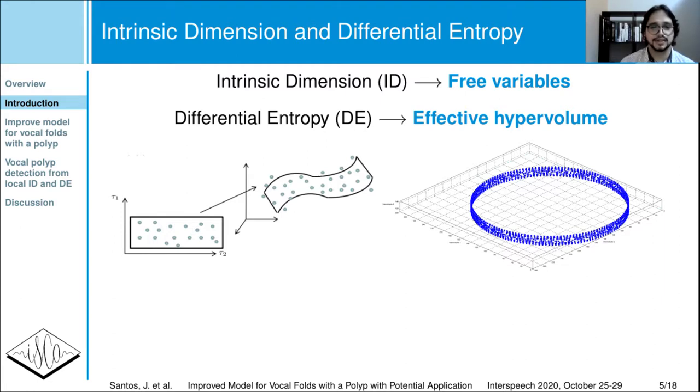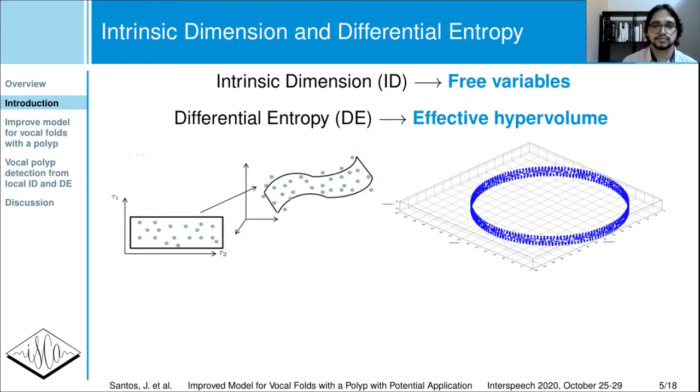So in the case of the left figure, we could see there is a two-dimensional inner structure, and on the right we have a one-dimensional inner structure. So we could see that this is the intrinsic dimension, this inner structure in which the data were placed, and it is related to the number of free variables that generated this data.